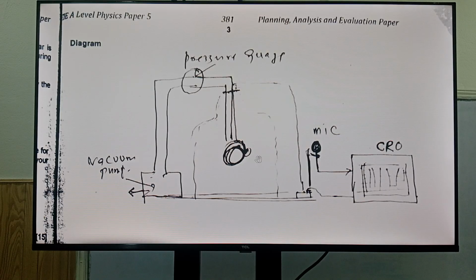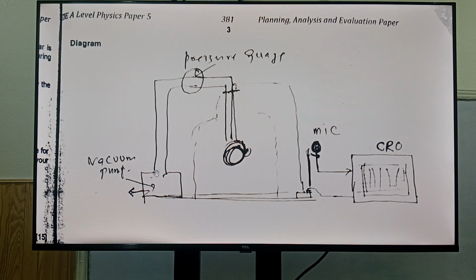This is the bell jar and inside there is a bell. This bell is obviously connected to a circuit here. This is the switch. You should label it as a switch. This is the wire connected to this switch. And this is a vacuum pump connected to this with a pressure gauge connected to it.